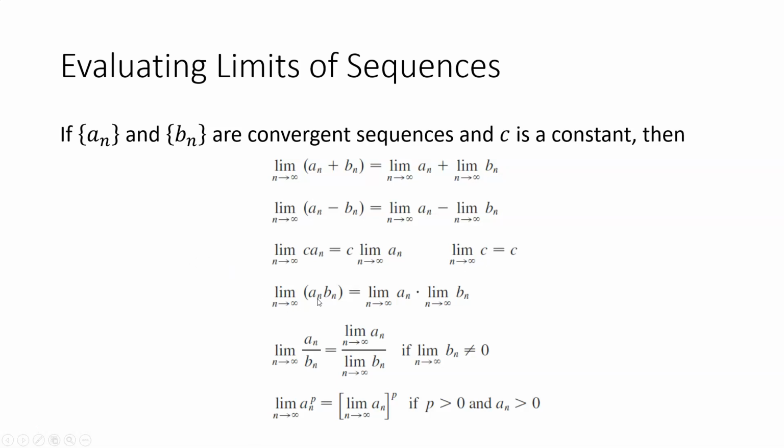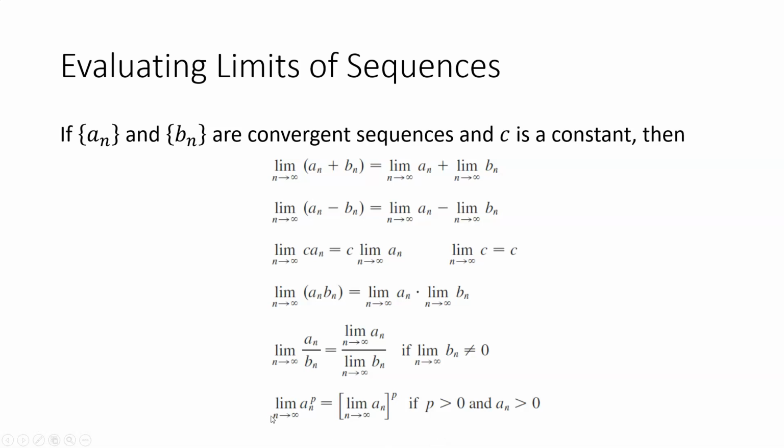When I take the limit of a product, I can take the product of the limits. If I have the limit of a quotient, I can take the quotient of the limits, as long as the denominator doesn't limit to 0. And if I have a positive power, I can take the limit as n goes to infinity of an and then raise it to the power of p.